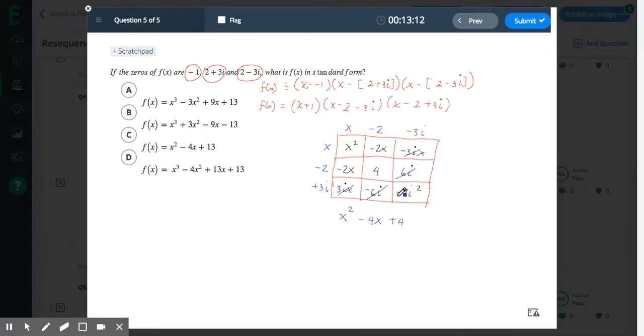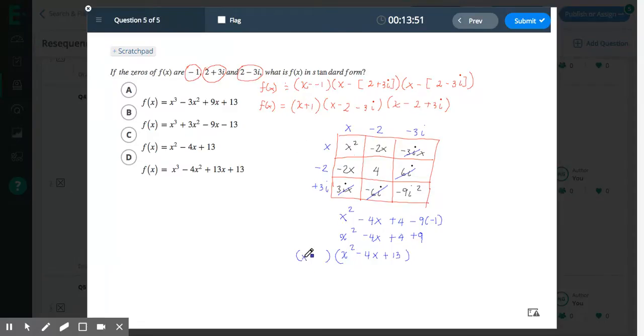And then -9i squared becomes -9 times -1, because i squared is equal to -1. So therefore we'll have here x squared minus 4x plus 4 plus 9, which is 13. So this becomes x squared minus 4x plus 13.